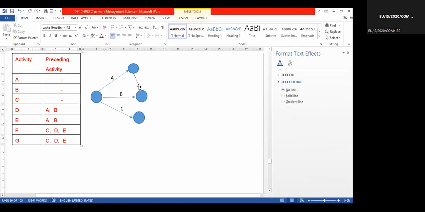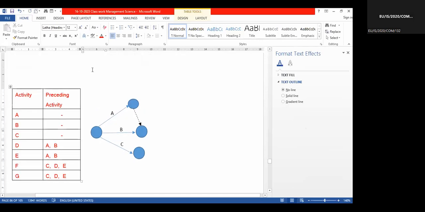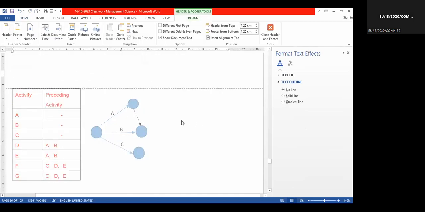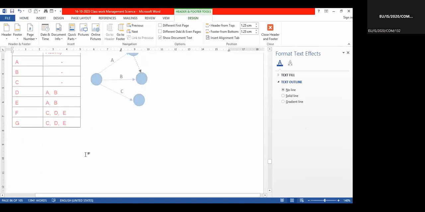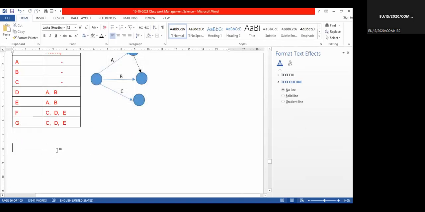This dotted line we are using to denote a dummy activity. Yes, the dotted line we are using to denote the dummy activities. It's called dummy activity, right? Dummy activity.